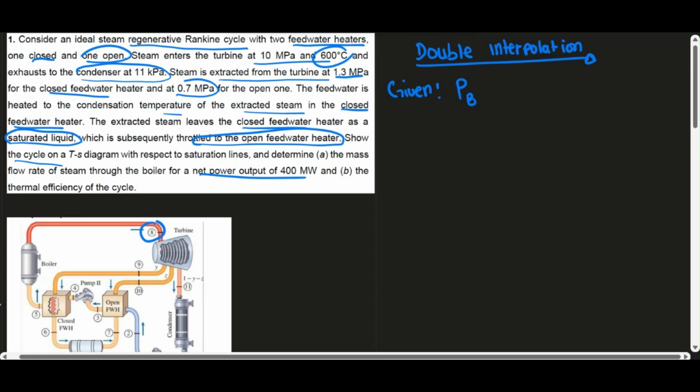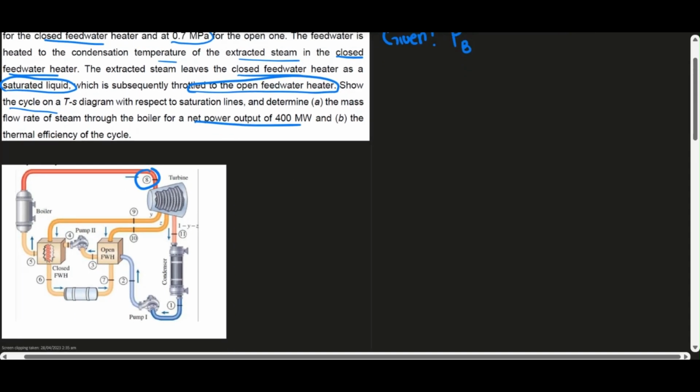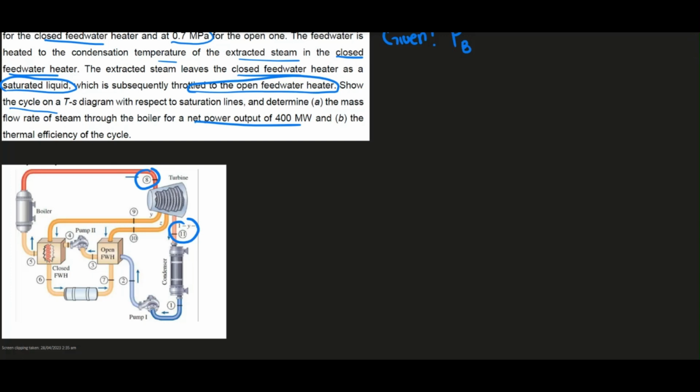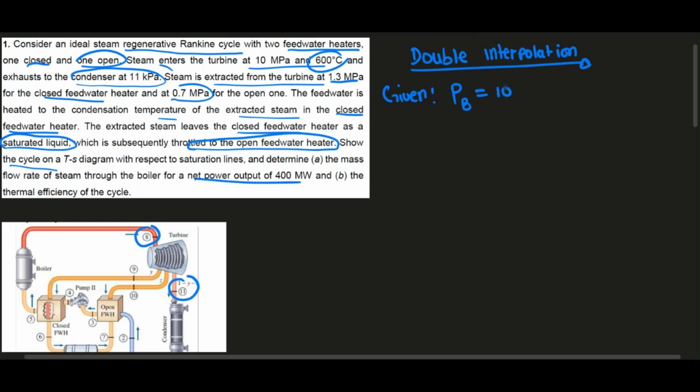Steam is exhausted to the condenser at 11 kPa. So at state 11 the pressure is 11 kPa. That's cool. That's a nice one. Okay, so we have 10 megapascal, and then we have a condenser pressure of 11 kPa.